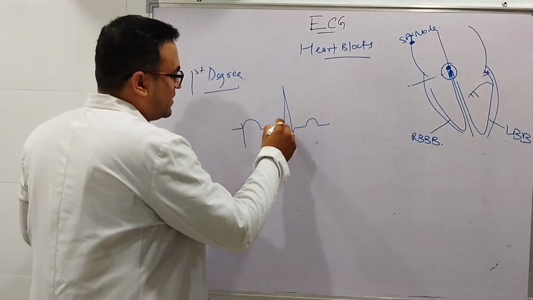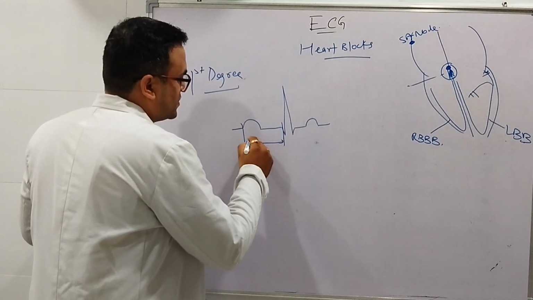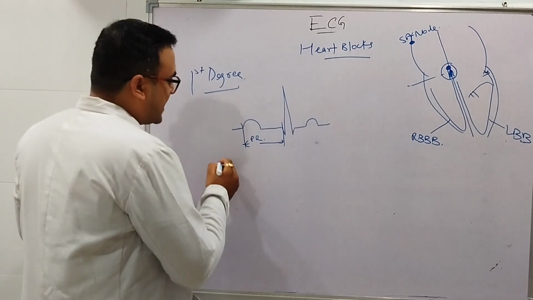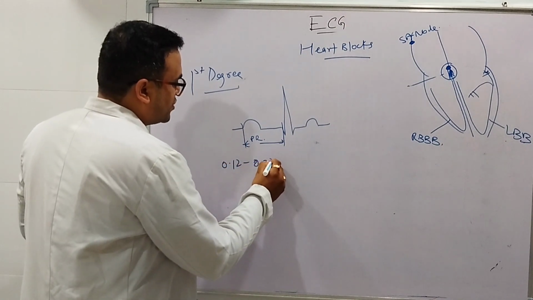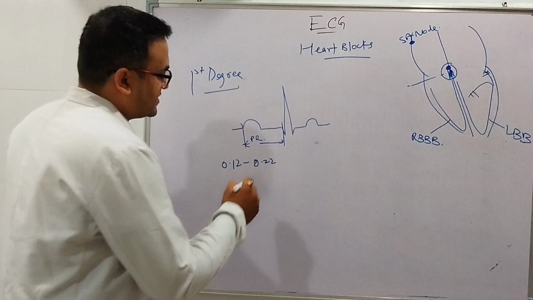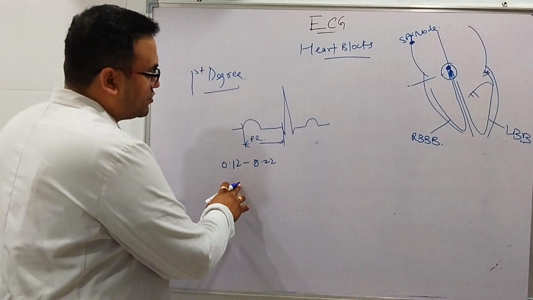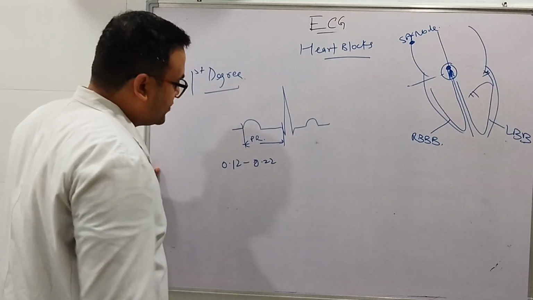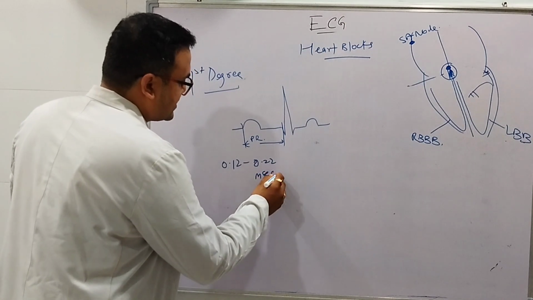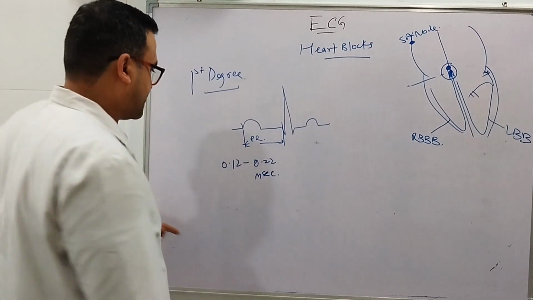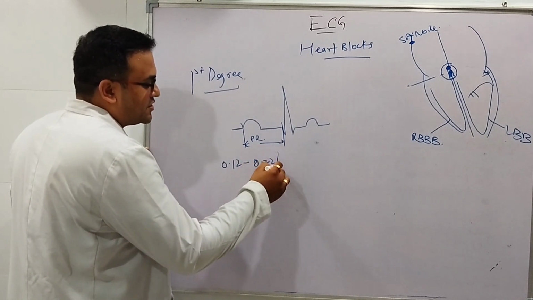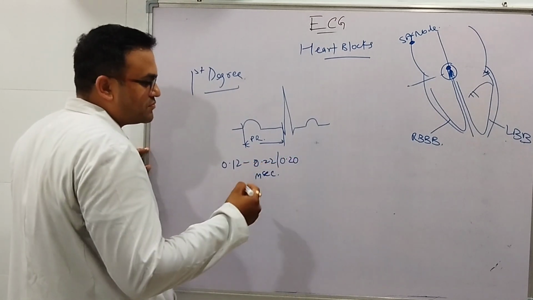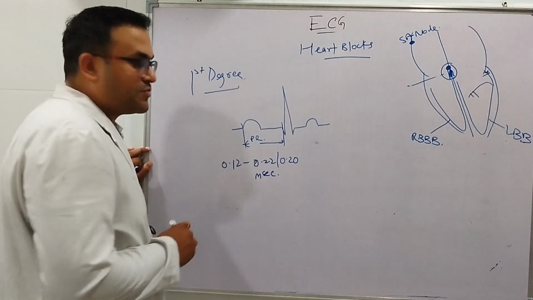The normal PR interval is 0.12 to 0.22 seconds. In old age it may be around 0.20, but in the young it is 0.12 to 0.22.